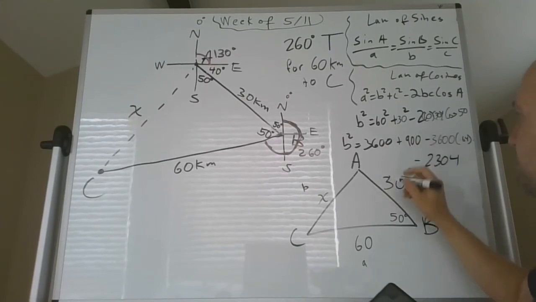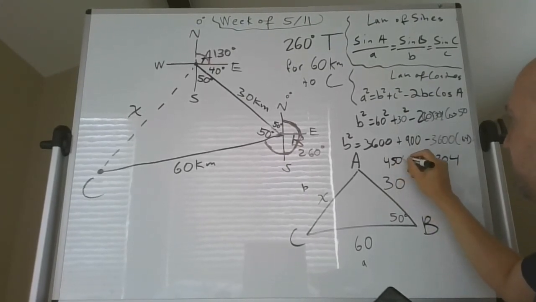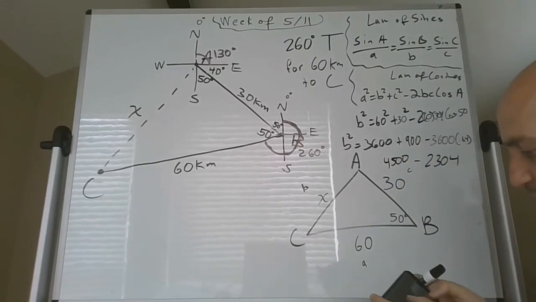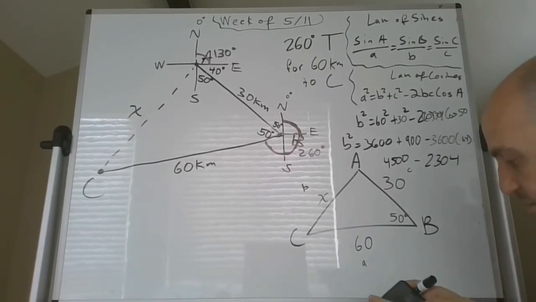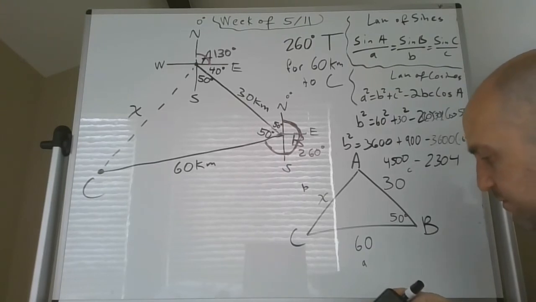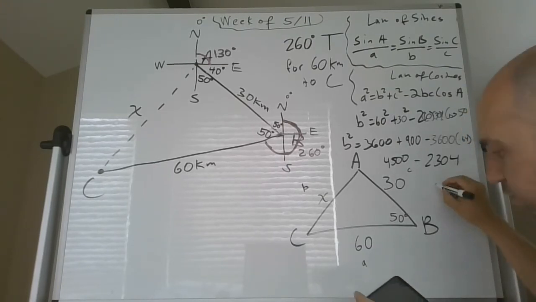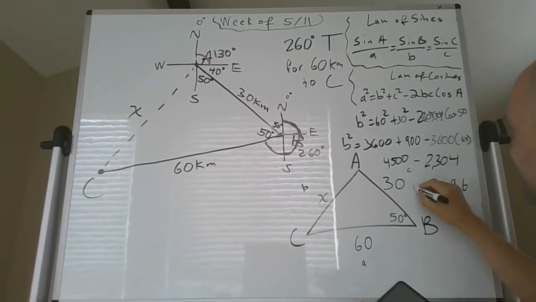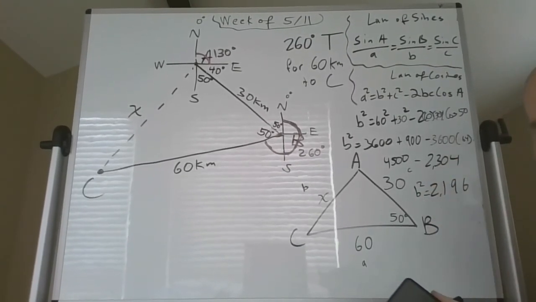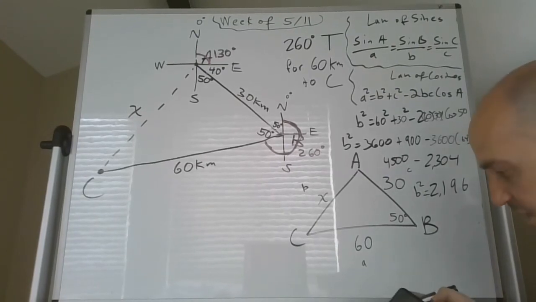So 3,600 plus 900 is 4,500. So I need to do 4,500 minus 2,304, which is equal to 2,196. Well, that's B squared. B squared equals 2,196, so I just need to take the square root of that.